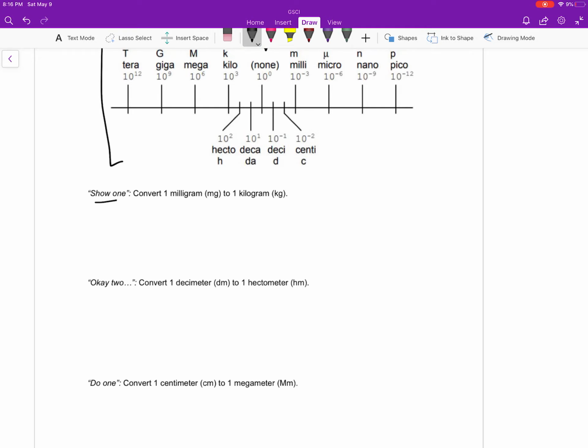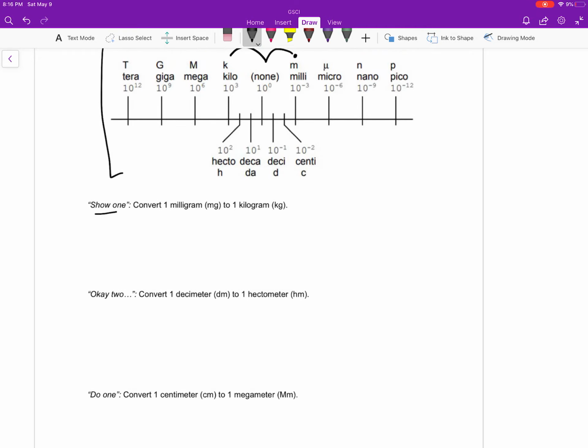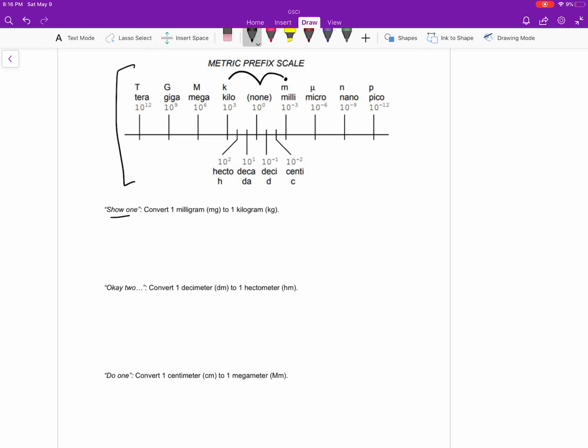So what that means is I'm going to take 1 milligram and divide it by 1,000.